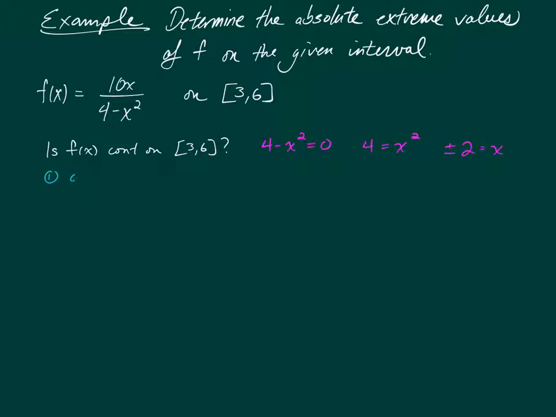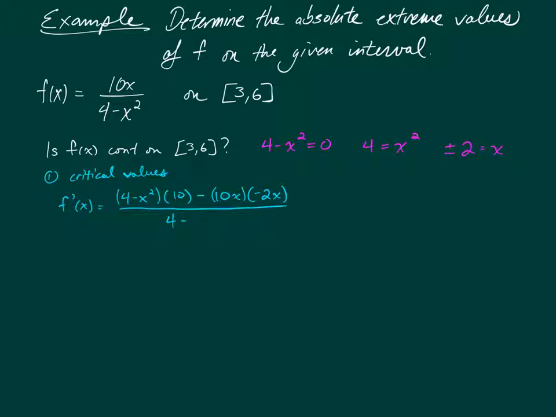So step 1, critical values. That requires, as I just mentioned, finding the derivative. So f prime of x is the denominator, 4 minus x squared, times the derivative of the numerator, which is 10, minus the numerator, which is 10x, times the derivative of the denominator, which is -2x, all over the denominator squared.